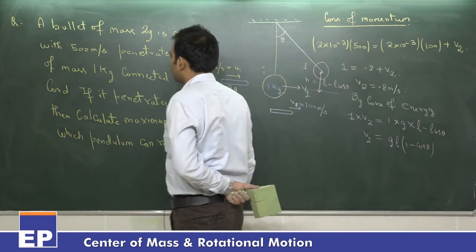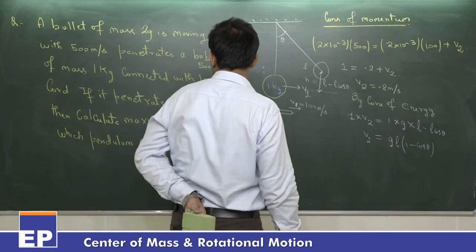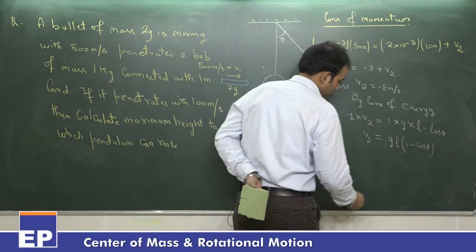So what is V2? V2 is 0.8, and what is L? 1 meter.